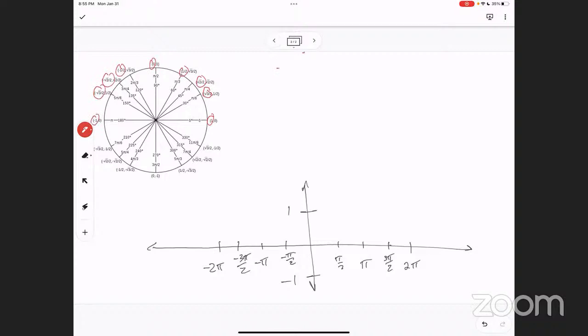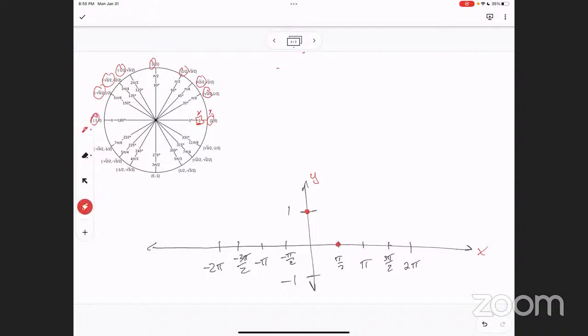So what you can see is the cosine graph. Do you see how it starts at 1 if the radian is 0? This is my x-axis and this is my y over here. So when the radians are 0, it's 1, and then at 90 degrees it's going to be 0, and then it's -1.